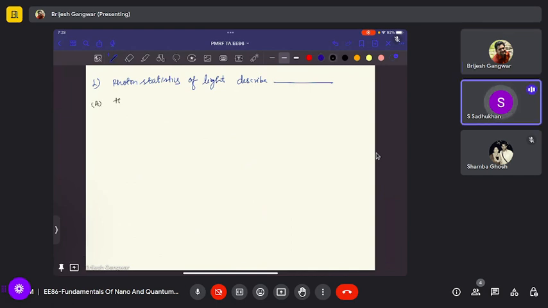Like the number of photons that are being emitted from the source or detectors that they are carrying. Right.